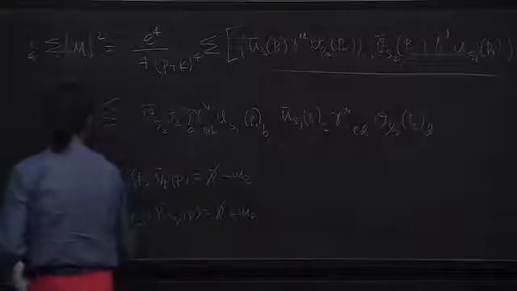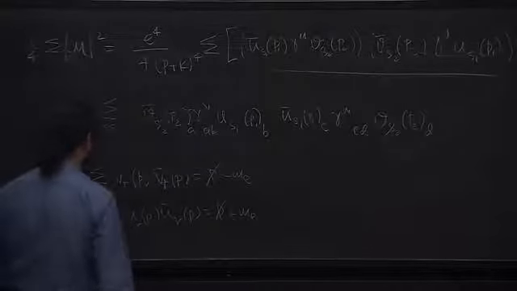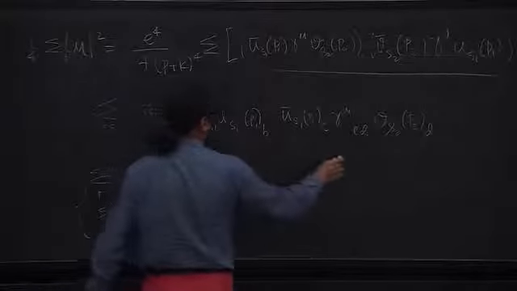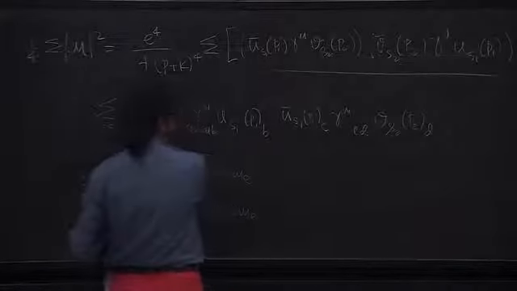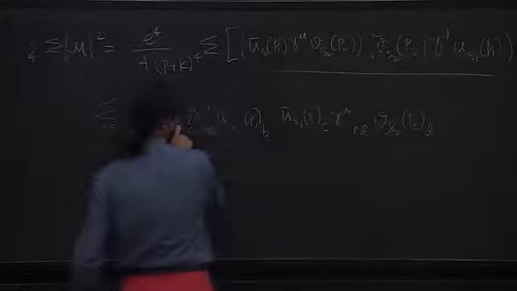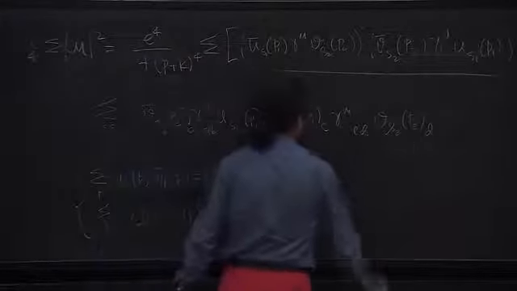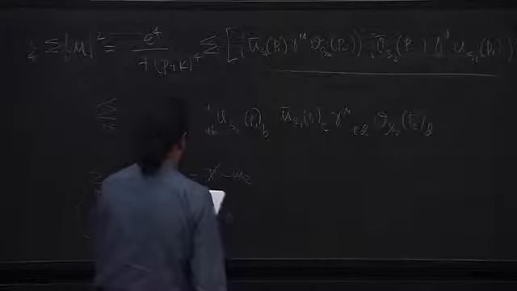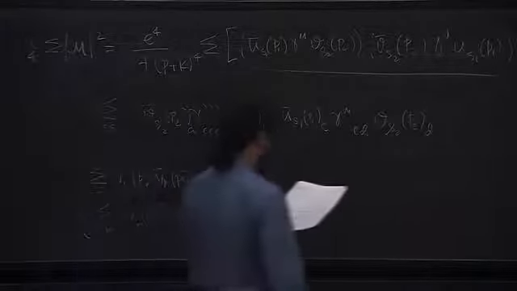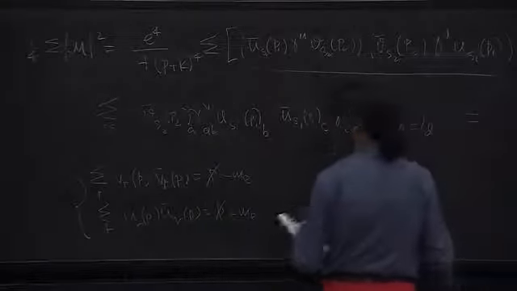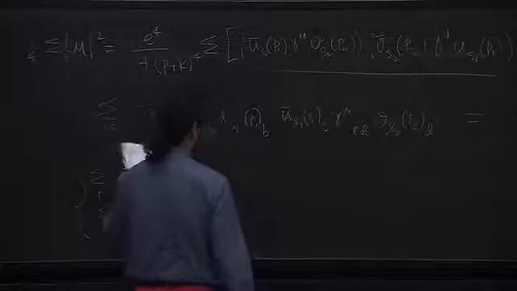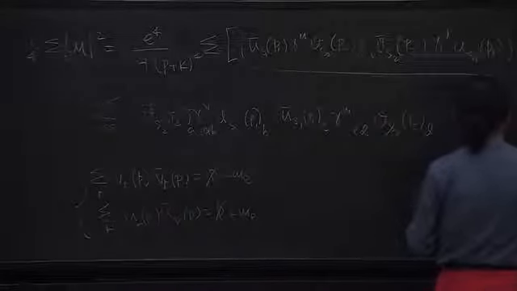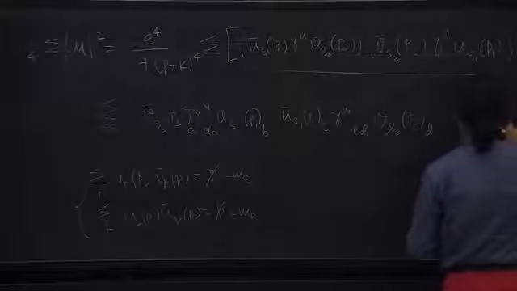If you use our favorite identities here, so we get this guy and this guy, see, they have the same spin label, they have the same momentum dependence, and similarly this guy and this guy. Then this thing becomes P2 slash minus ME.